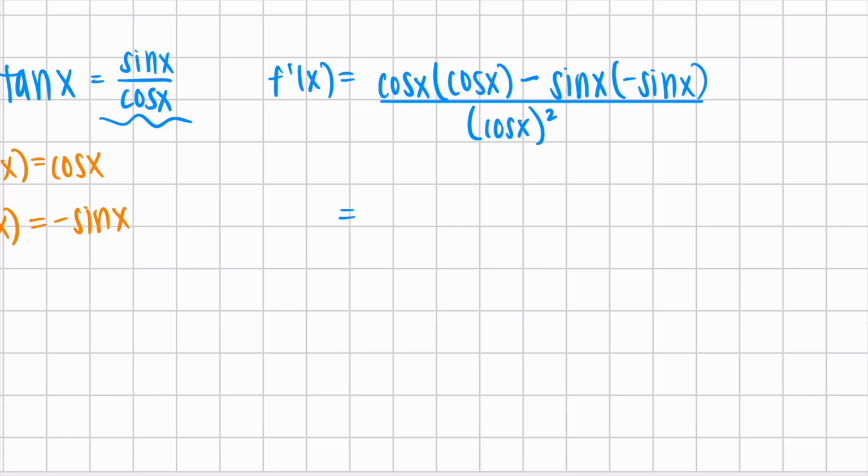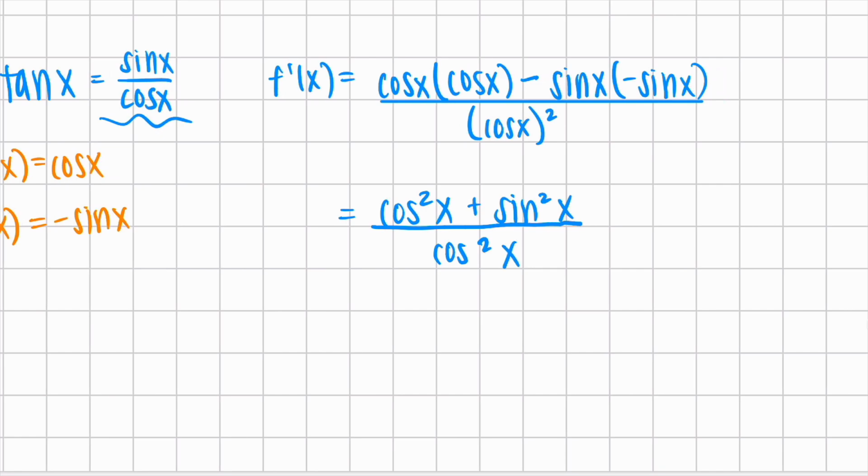Simplify from there, cosine times cosine, that's going to be cosine squared x. My negatives cancel, I get plus sine squared x over cosine squared x.